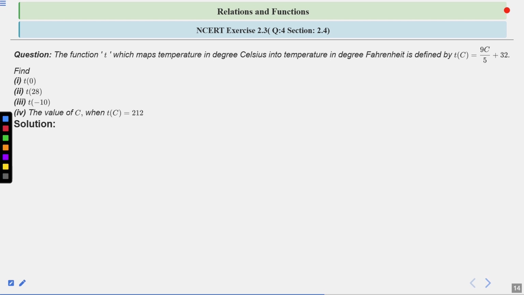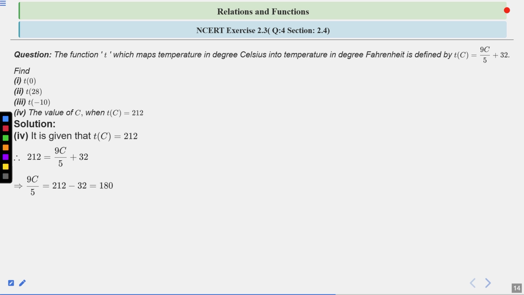Now for the fourth, it is given that the output value is 212, meaning Tf is 212. And we know that Tf is simply 9c by 5 plus 32. And now we have an equation. Just solve it.